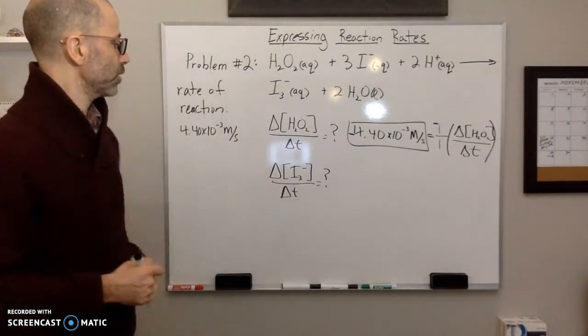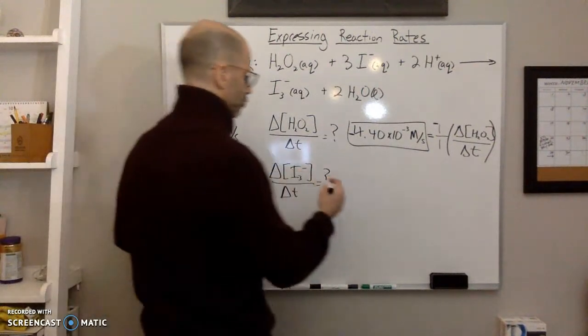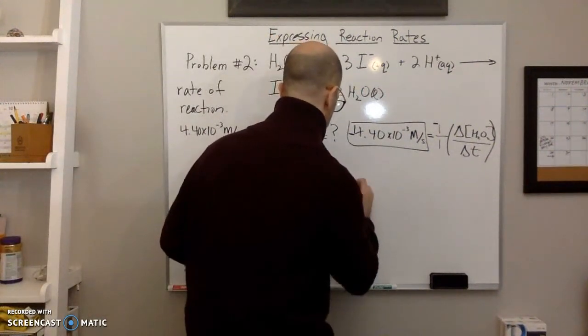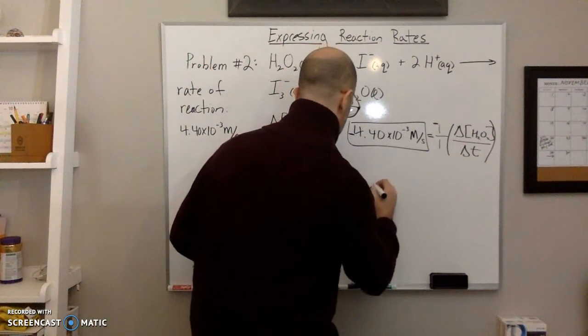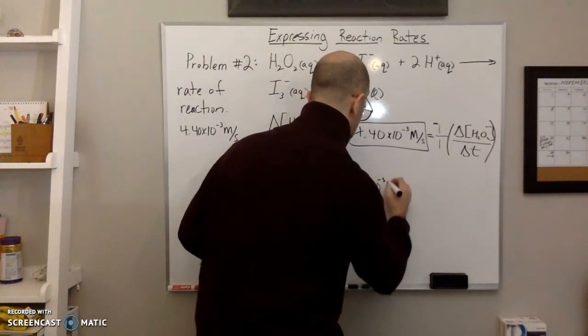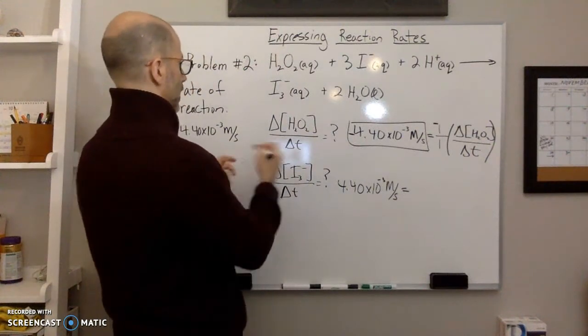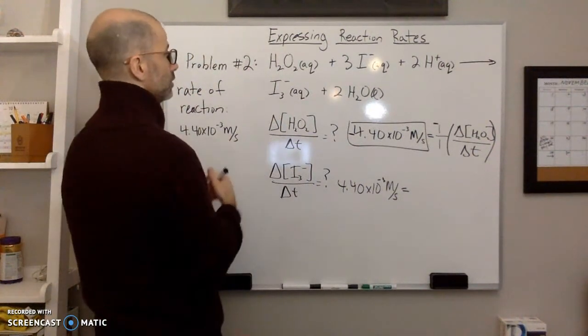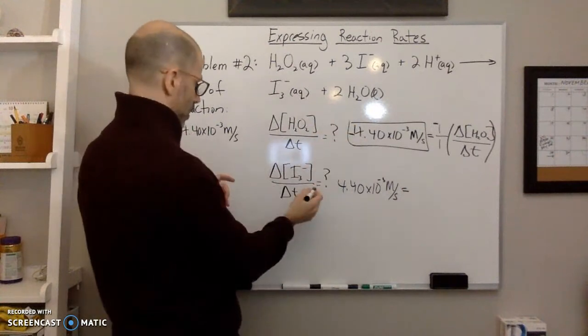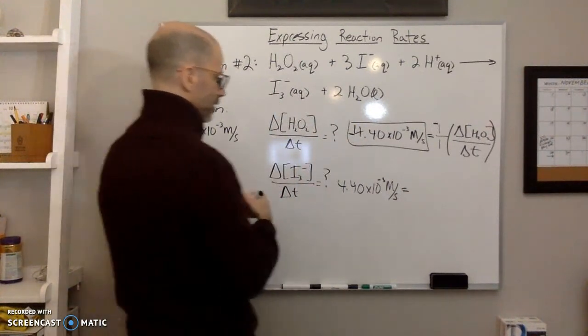So for I3 minus, same thing, the rate of the reaction is 4.40 times 10 to the negative 3 molar per second. And this time, we're looking at I3 minus, and the coefficient is 1 again.